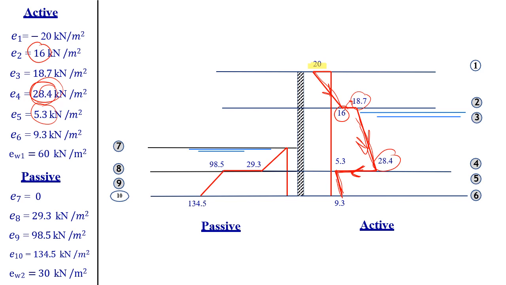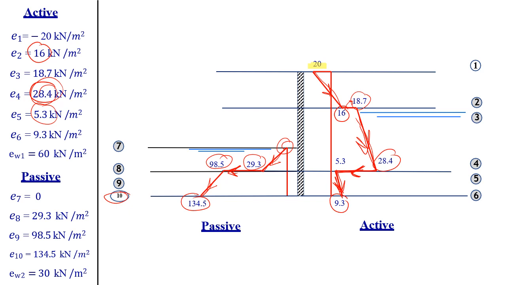Then there is a linear increase from 5.3 to 9.3. On the left hand side of your problem, you have 4 points from E7 to E10, and E7 is equal to 0. Then there is a linear increase to 29.3. Then a sudden increase at the same depth from 29.3 to 98.5, increasing linearly to E10, which is 134.5.